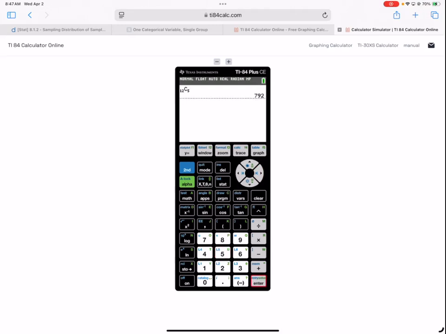There are 792 different ways. It doesn't sound right, like, wait a minute, there were only 12 people. How are there 792 combinations of selecting 5 people?